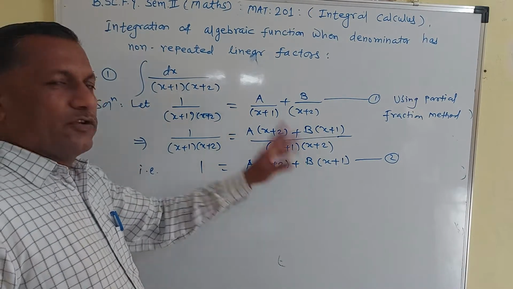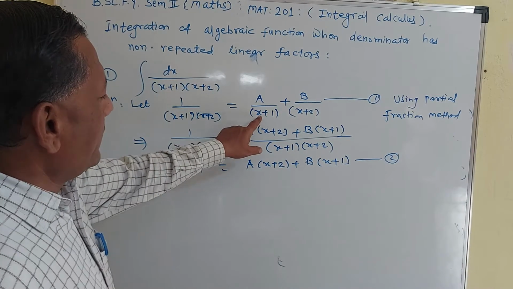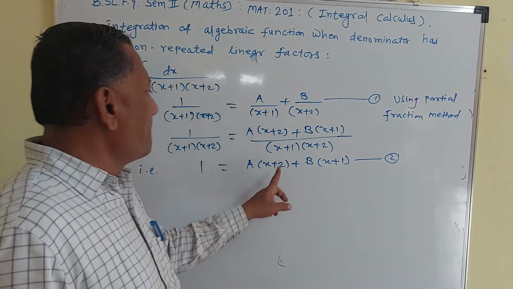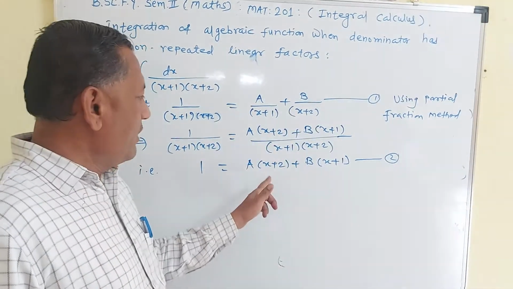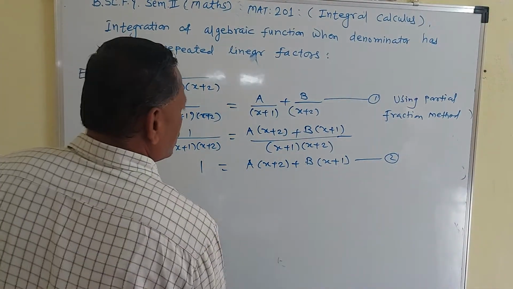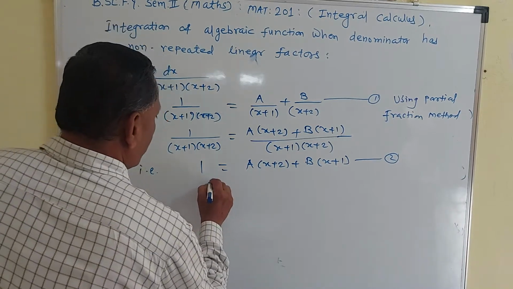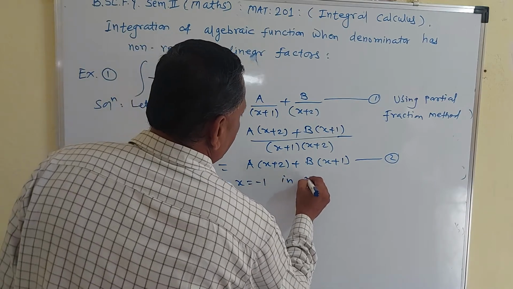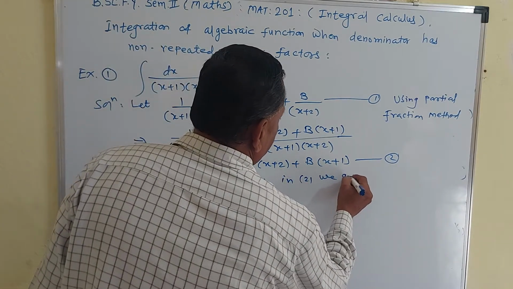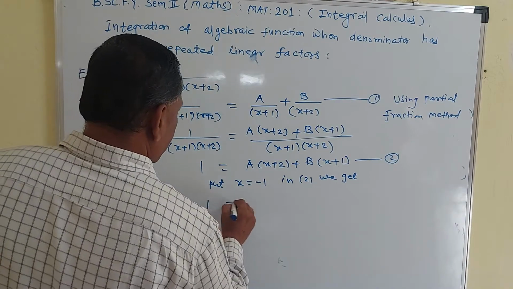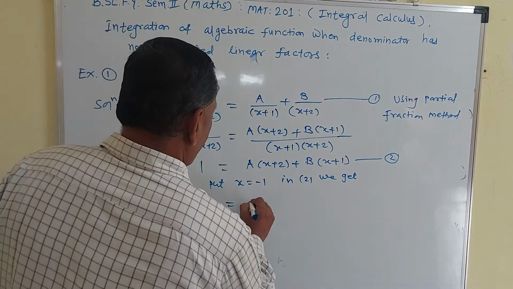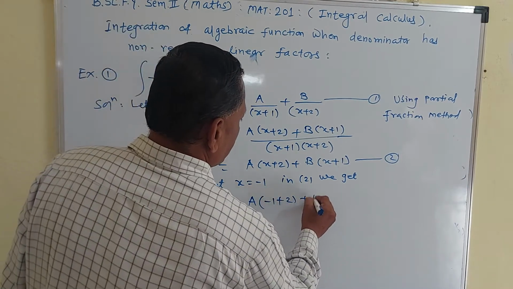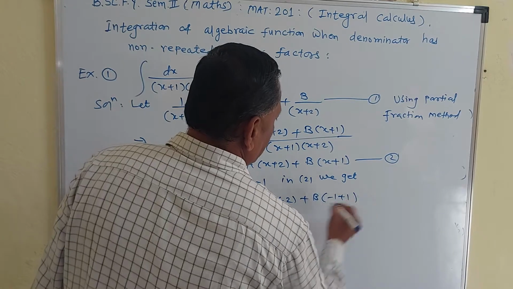Now you have to find the values of A and B. So here, for the factor x plus 1, you put x is equal to minus 1, that is x plus 1 is equal to 0, in equation 2, and you get one constant. Put x is equal to minus 1 in equation 2, we get the left side 1 is equal to A into (minus 1 plus 2) plus B into (minus 1 plus 1).